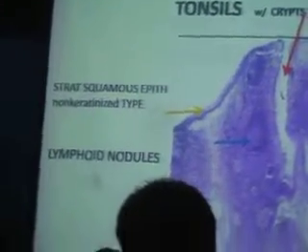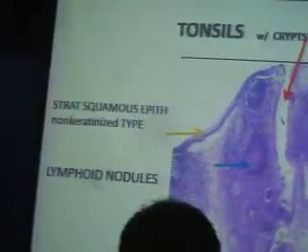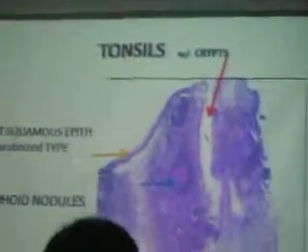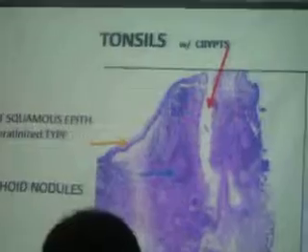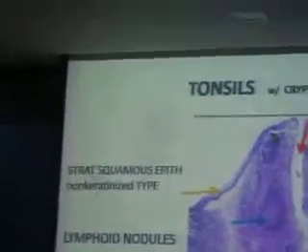For the other mucosa-associated lymphoid tissue, you have the tonsil. Characteristically, you have your crypts. For the tonsil, depending on the location, it will have different lining epithelium.